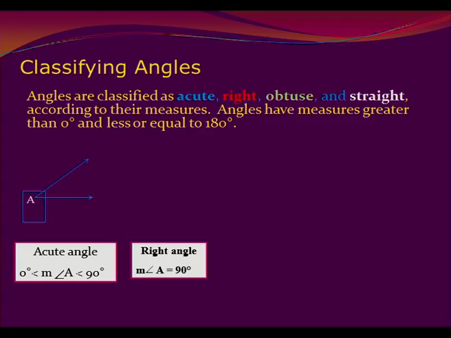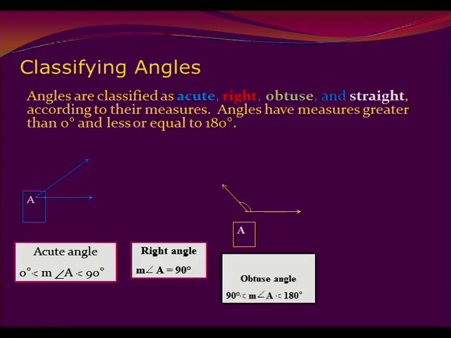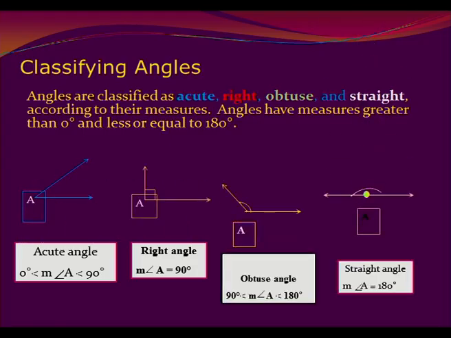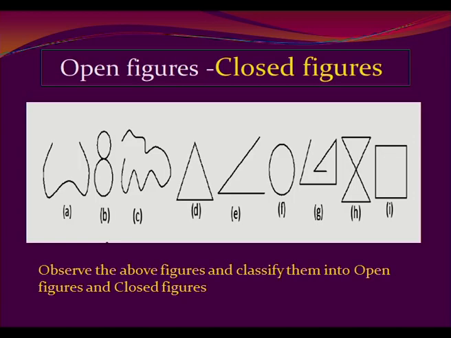And one more, the right angle, which is exactly 90 degrees. The obtuse angle is more than 90 and less than 180. The straight angle is equal to 180 degrees. So, these are the different types of classification of angles you can recollect from your previous classes.